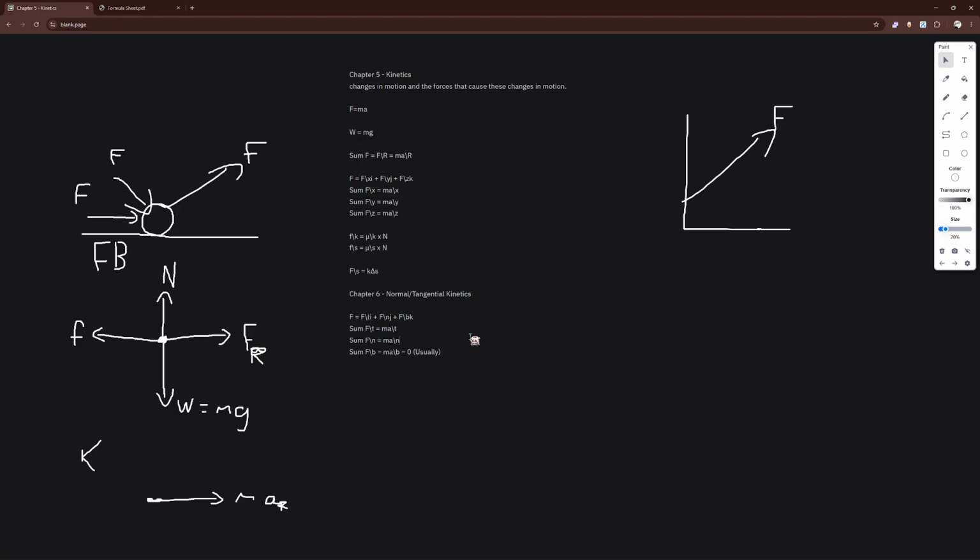Like that. And m a_n is v squared over rho. So keep that in mind. m a_t is dv/dt. So this is also m v prime. So there you go. This is supposed to be an equal sign. That's it. That's this chapter.